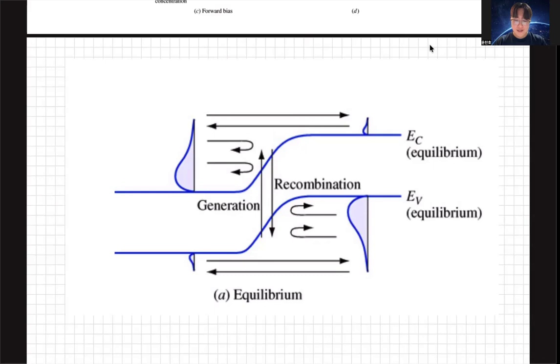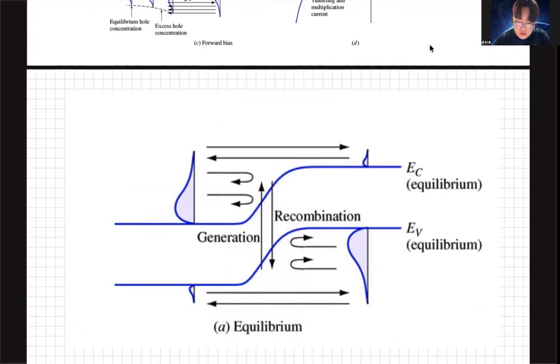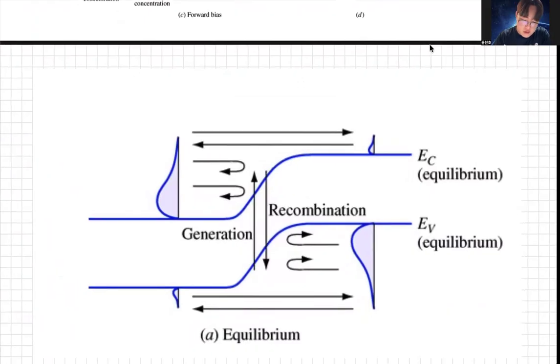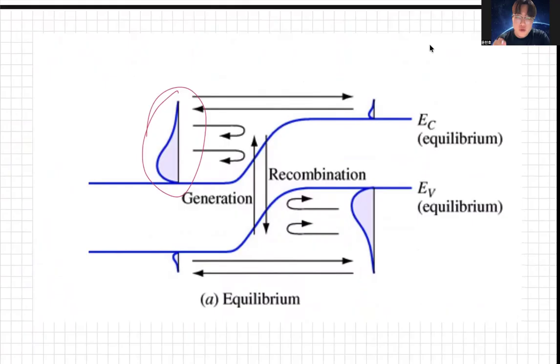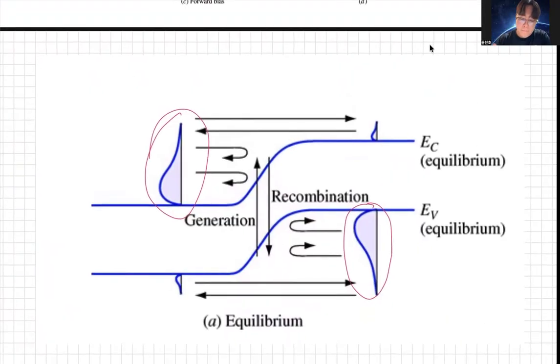Okay, the first is the thermal equilibrium situation. As you can see in this slide, here is the electron Boltzmann distribution, and here is the hole Boltzmann distribution.